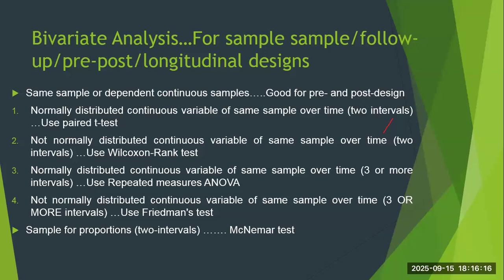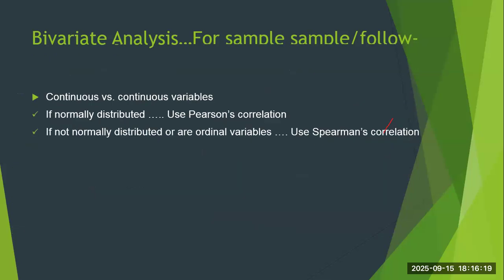All right, so if we have understood ourselves, we will now end the bivariate analysis by looking at when you have continuous versus continuous. Remember, we have done continuous versus categorical for cross-sectional study, where we say independent t-test, Mann-Whitney, ANOVA, and Kruskal-Wallis test, depending on what we have.